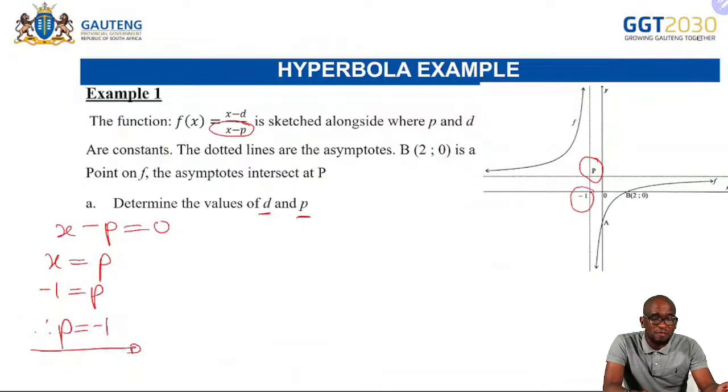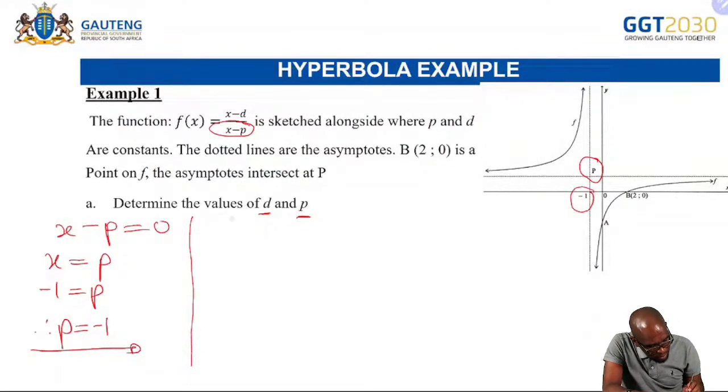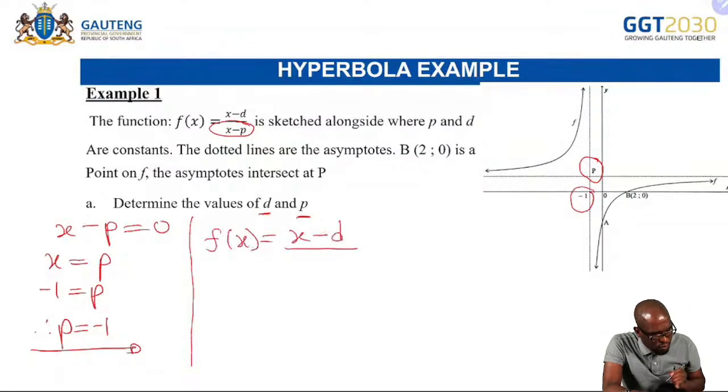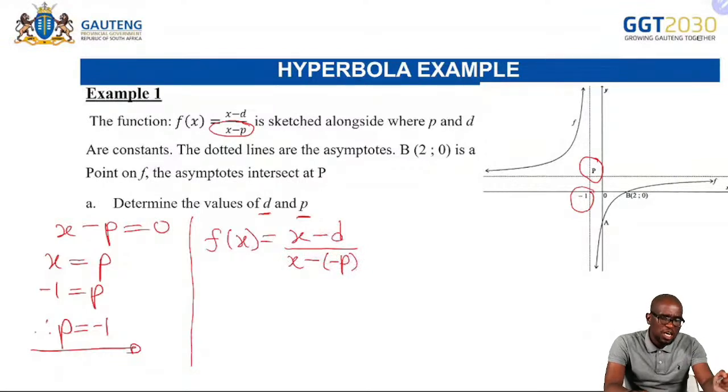Now we want the value of d. To work out the value of d here, we come back to this. We say f of x is equal to x minus d over x minus p, and we can substitute the p now.